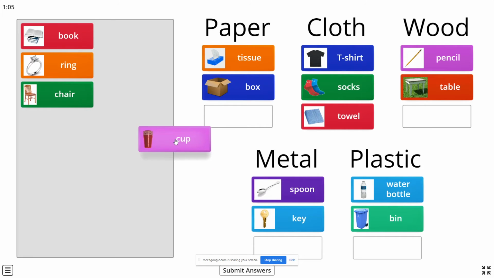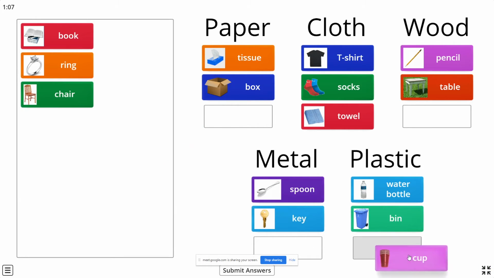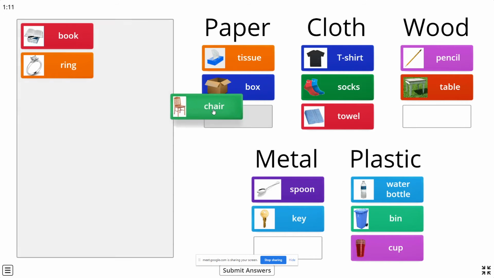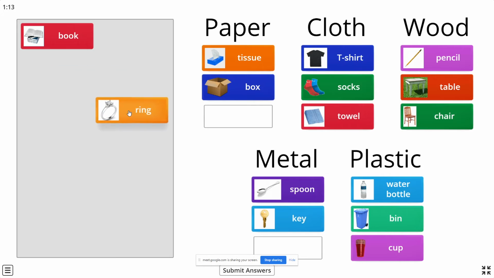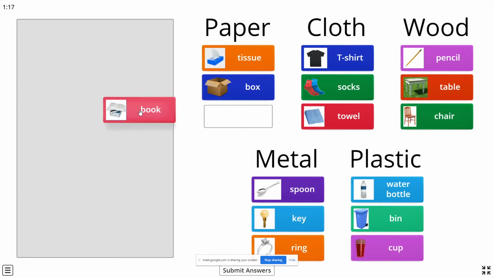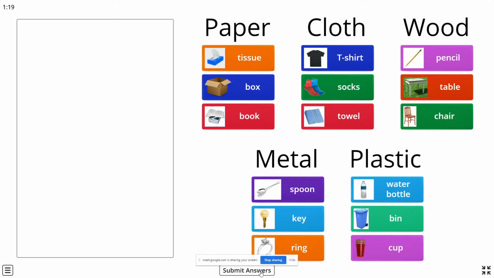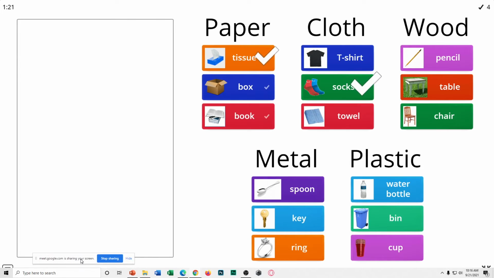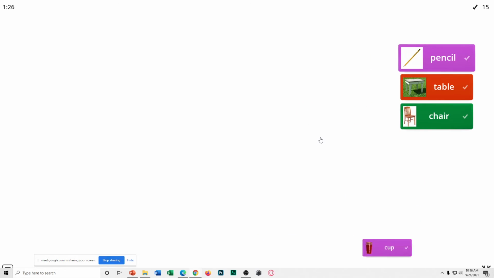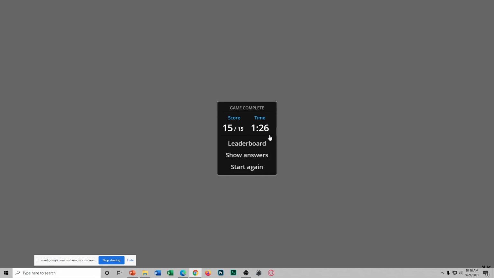This one is actually made of plastic. The plastic cup. Next is chair. Wood. Ring. Metal. Book. Paper. And then click submit your answers. You have to do it quickly so you can go to the leaderboard.